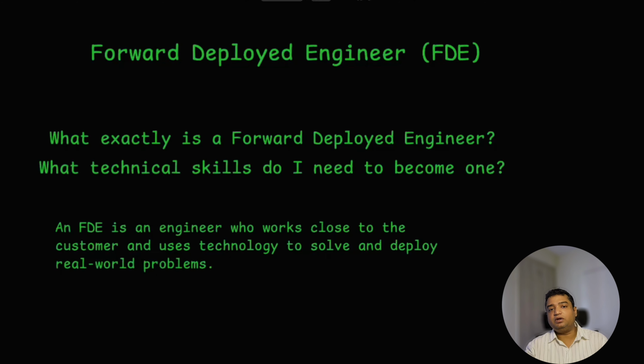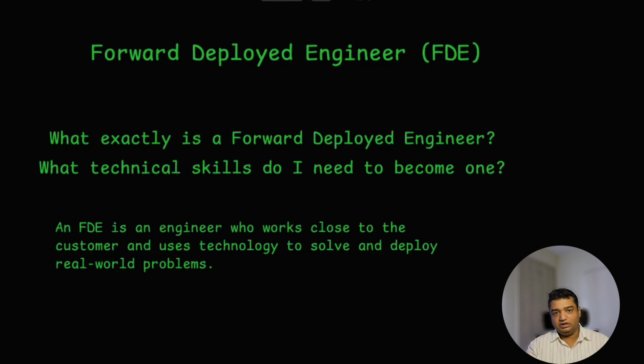Now consider one scenario: your client has brought a very good, super AI product. The problem is that the client cannot directly use this AI product in their use case, in their data scenarios. So who is going to help the client make this AI product useful in their scenario?